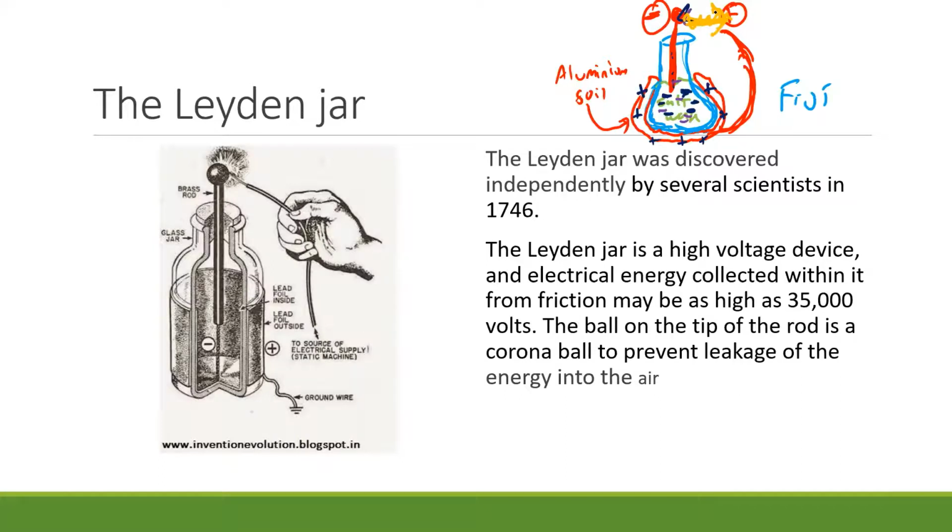But what it gave scientists an idea of, you also looked at the fact that you could, with this setup, use it to attract small leaves. They started to get this idea that perhaps this charge that they built up on the amber and the charge that they could build up with the Leyden jar were linked.